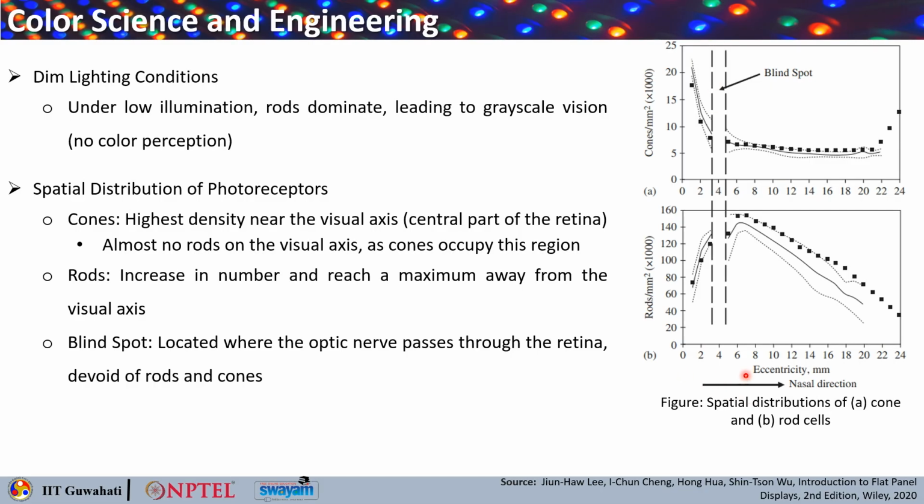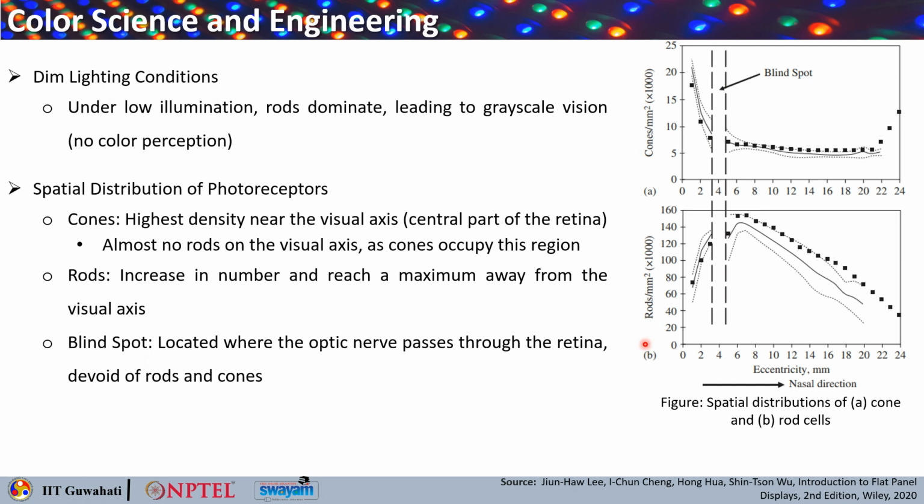This is the direction of the nose, so you are moving away from the retina in this direction, right. As I mentioned, the blind spot is located where the optic nerve passes through the retina. That place is devoid of rods and cones.